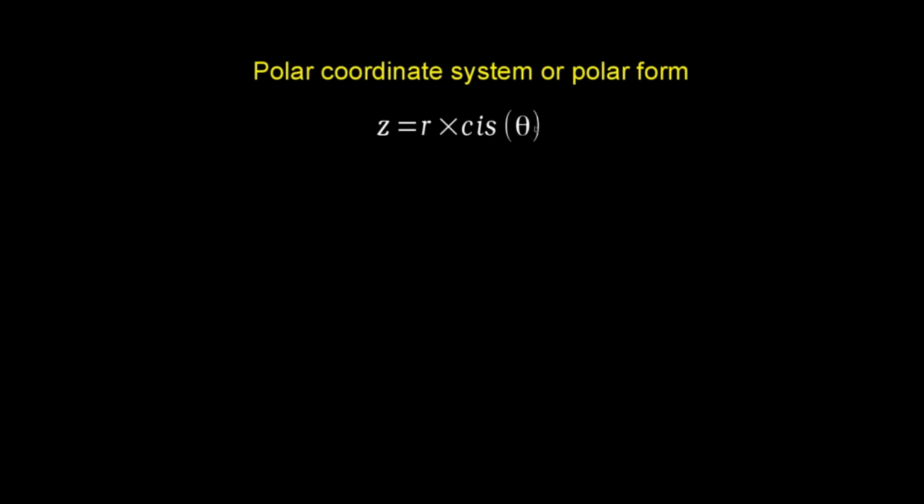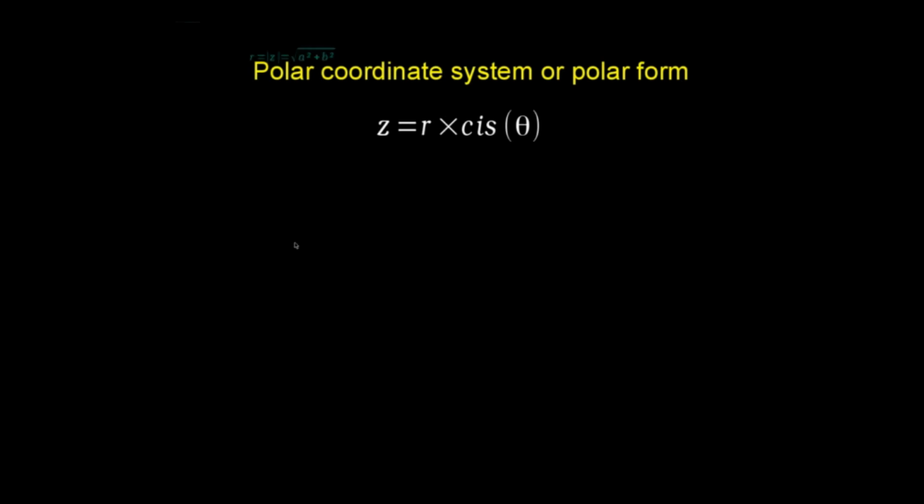This theta will be the argument, and cis means cosine plus i sine. We'll see this a little bit further. So let's now start to understand this r and this theta and how we can calculate them.